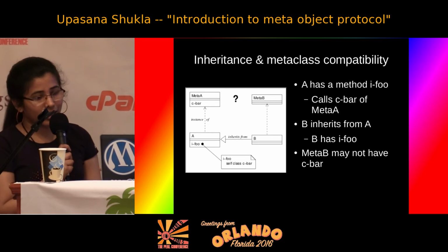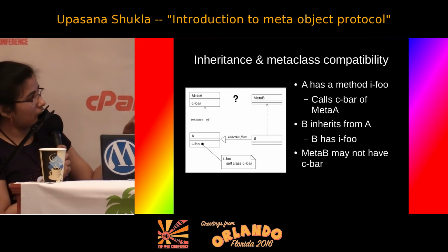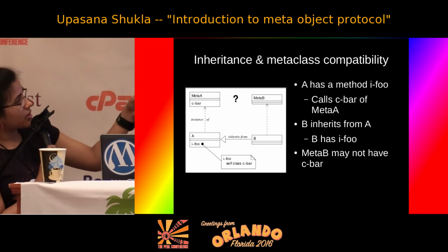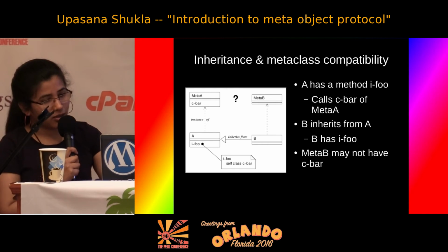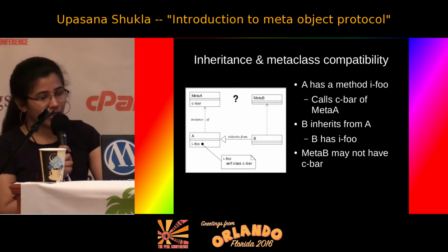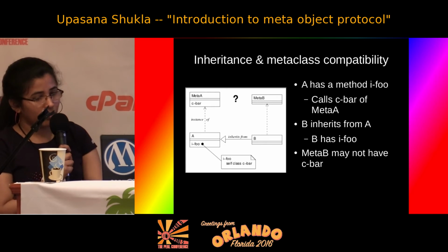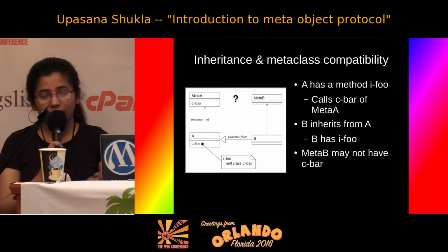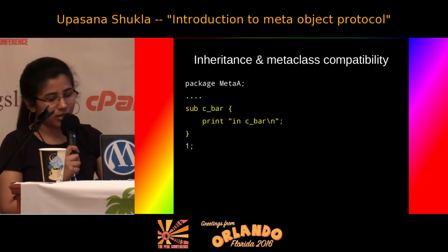So A has a method ifoo, which calls cbar of its metaclass. And B inherits from A. B has ifoo, but the metaclass of B, which is meta B, doesn't have cbar. So there will be a problem in this case.